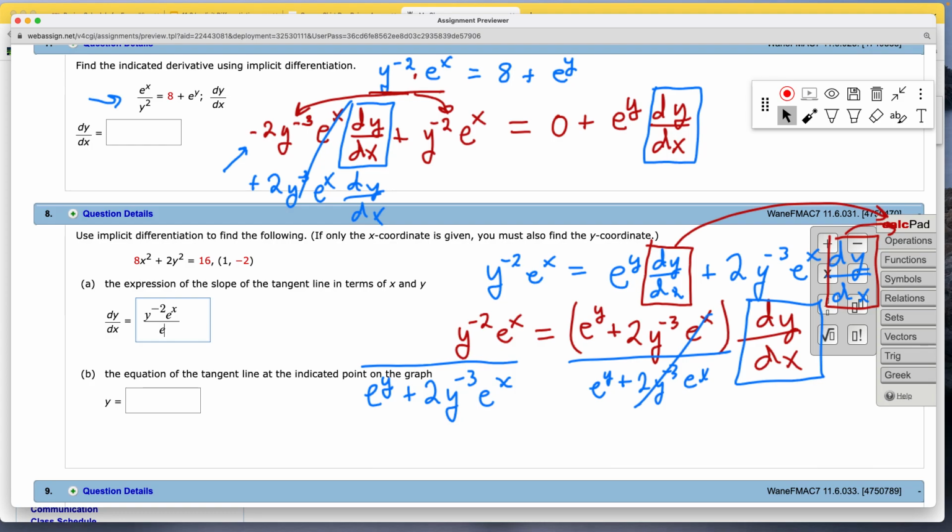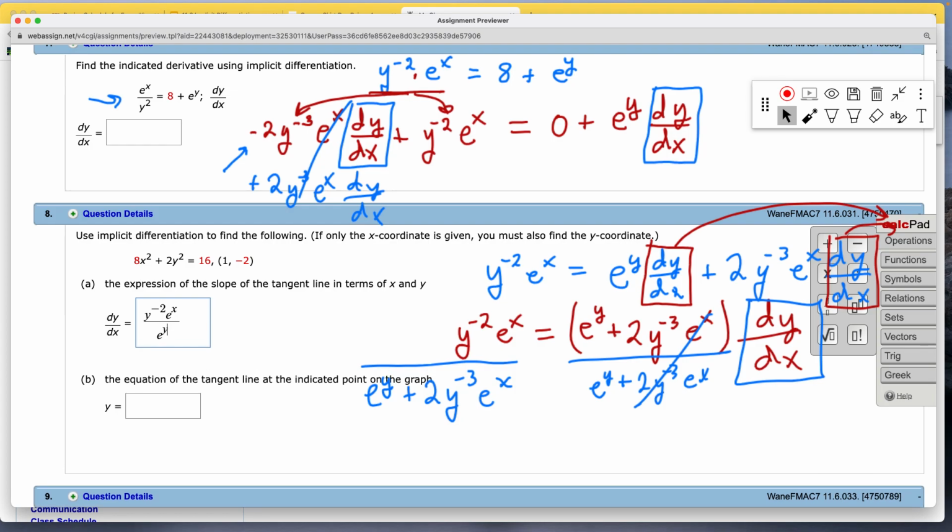What do we got? e to the y plus 2y to the negative third e to the x. But you can see how it really takes focus.